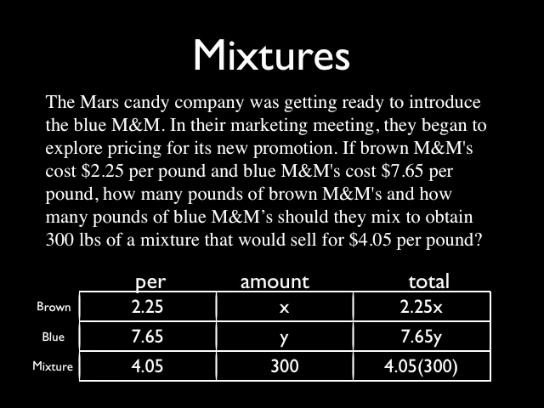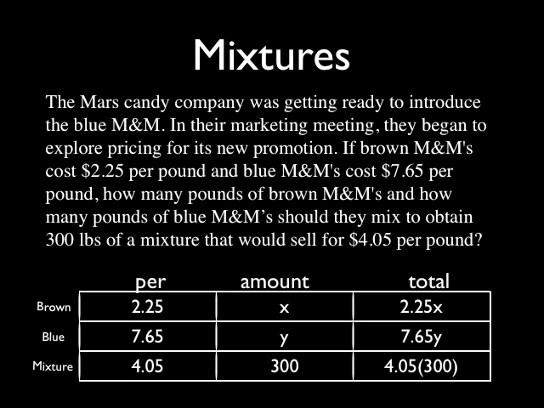It's just like we're going shopping for soup like we did in lecture 15, where we got 9 cans of soup for $1.50 each. Here we're getting X pounds of M&Ms for $2.25 a pound. So the total amount we're spending on brown M&Ms is 2.25X. The total amount we're spending on blue M&Ms is 7.65Y. And the total amount we're spending on the mixture is 4.05 times 300.